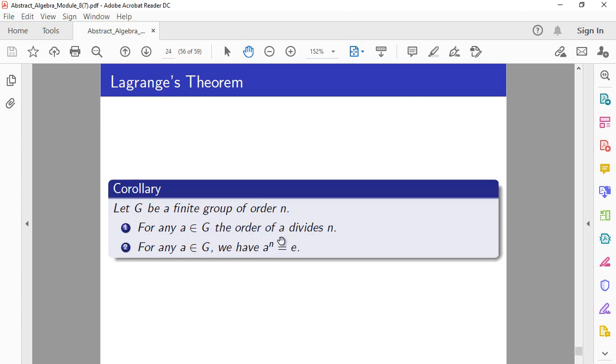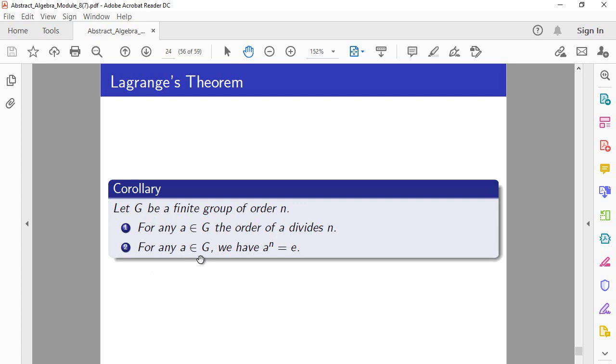The order of an element of a finite group divides the order of the group. Why? Because the order of A is the same as the order of the subgroup generated by A, which divides the order of the group by Lagrange's theorem.